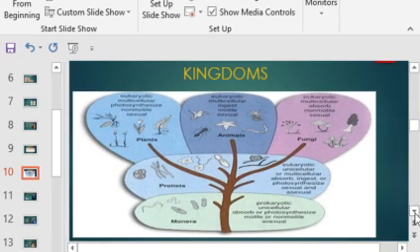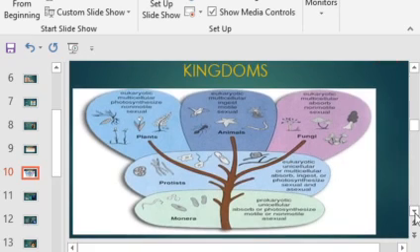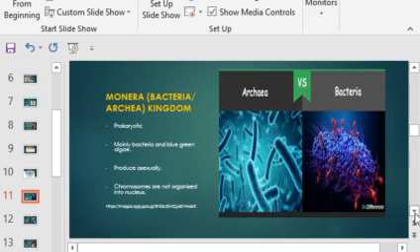So as we move on to the next slide, here we have some representational pictures of what we have been discussing.